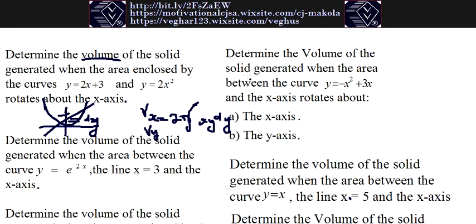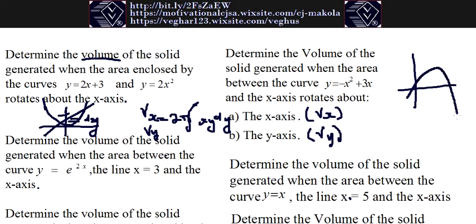So let's see this one. They are looking for a volume. This means Vx, and this means Vy, and then y will be your strip. This one is a parabola, upside down like this.